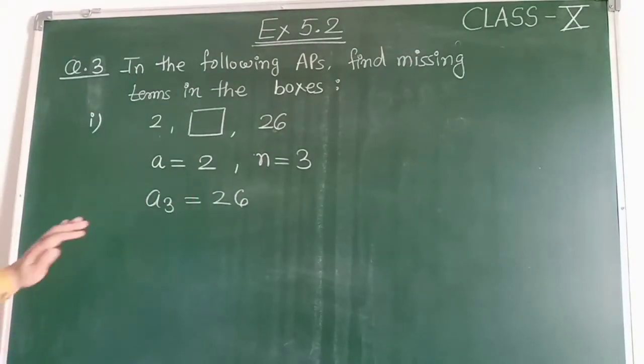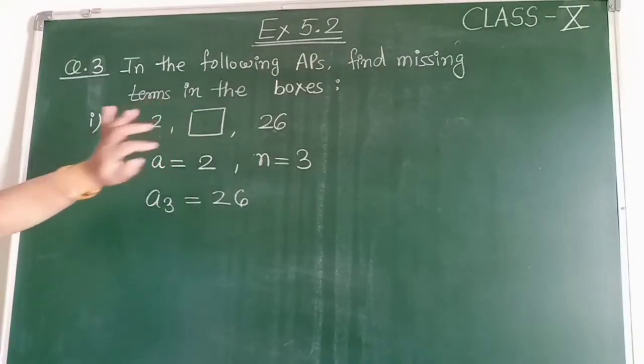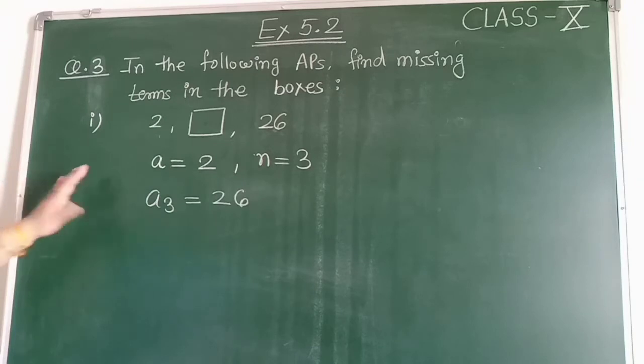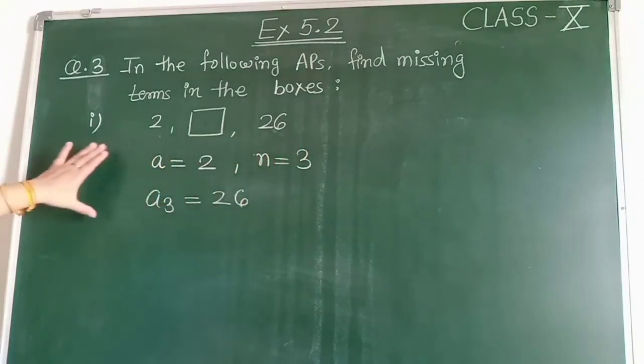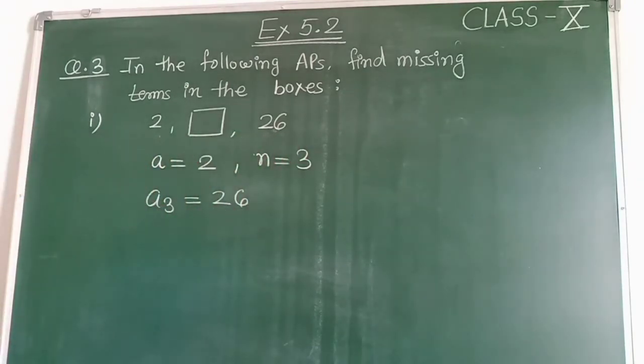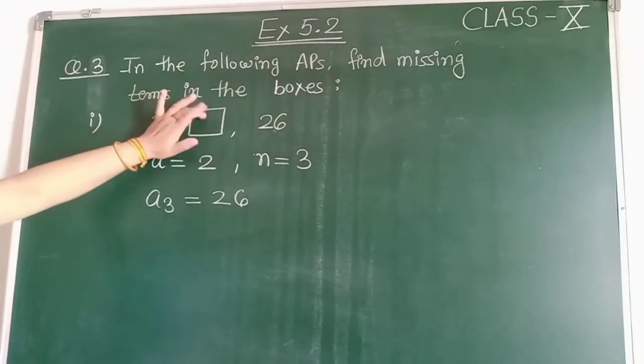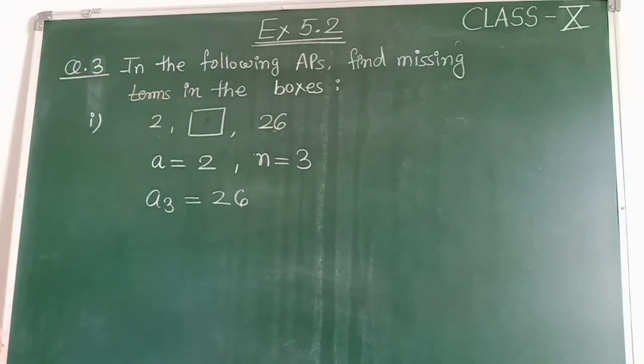These values are given here and we have to find what the second term will be. Again, we will use all this given part, student, and for finding the value of the second term, how can we proceed?